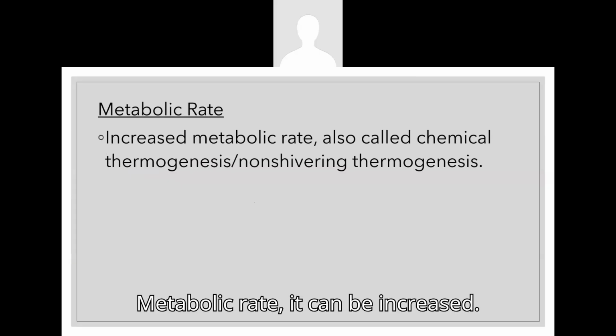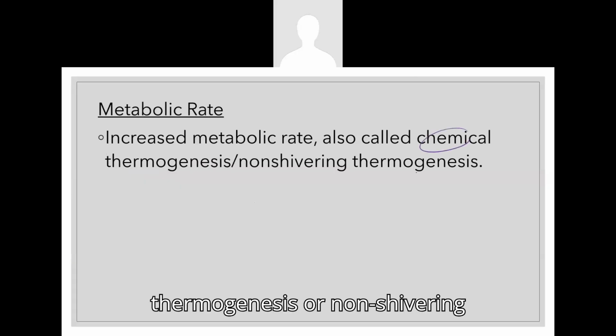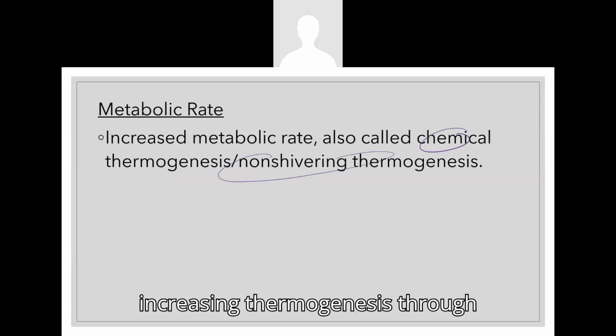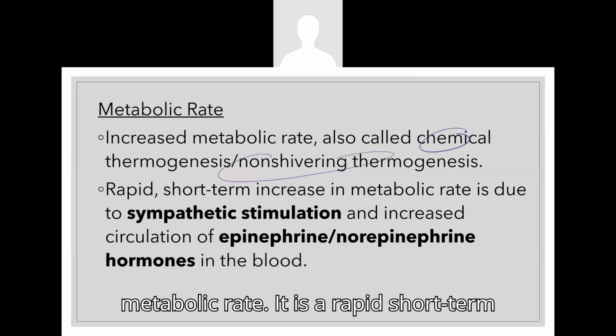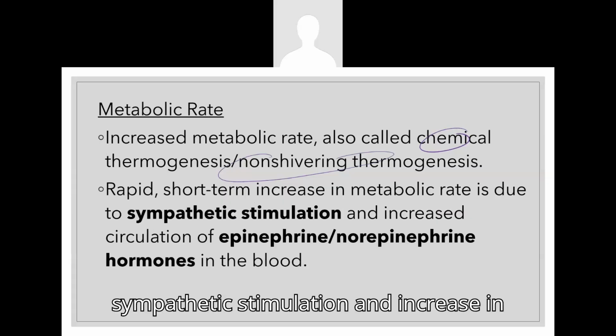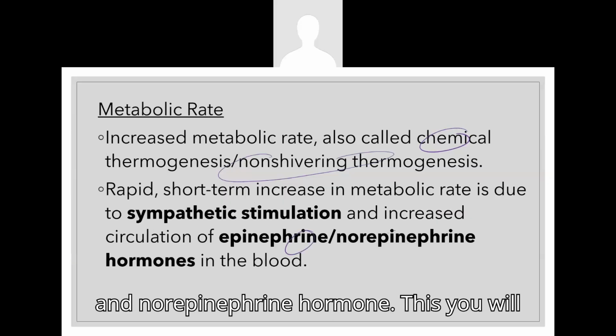Metabolic rate can be increased. Sometimes we call it chemical thermogenesis or non-shivering thermogenesis. So this is what we call increasing thermogenesis through metabolic rate. It's a rapid short-term increase in metabolic rate due to sympathetic stimulation and an increase in circulation of epinephrine and norepinephrine hormone.